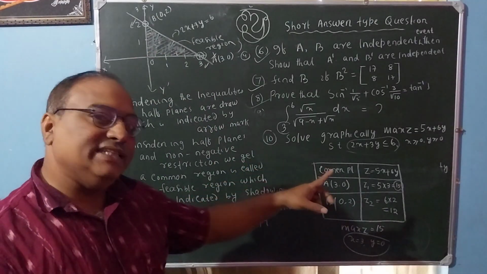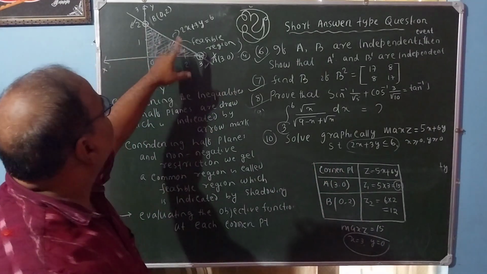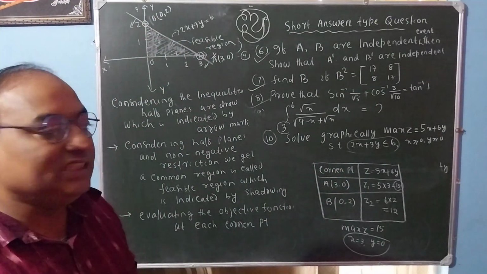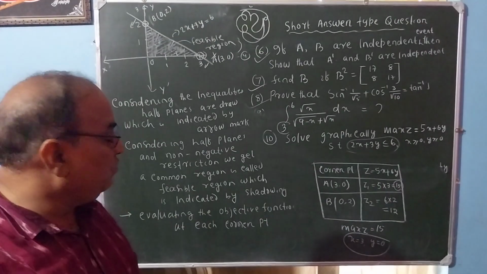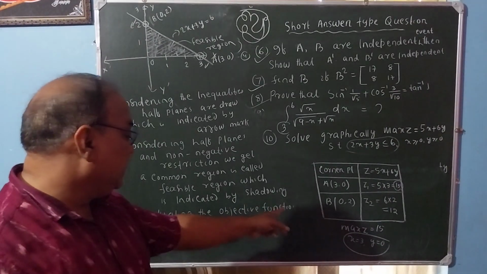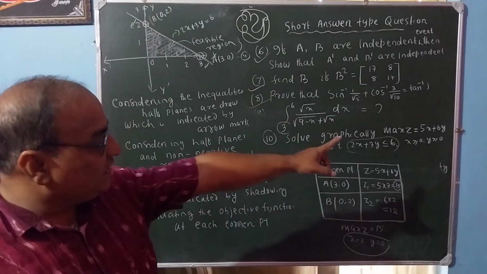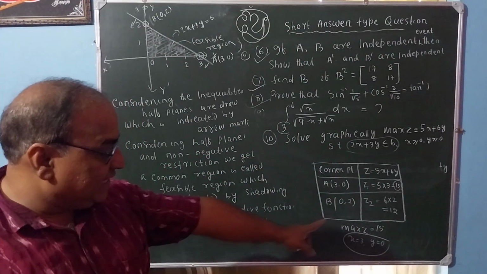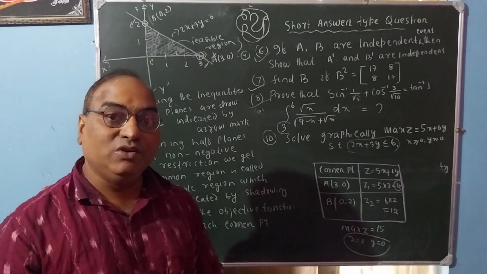Considering the inequalities and non-negative restrictions, we get a common region that is called a feasible region. Then find out the corner points of the feasible region, evaluating the objective function at each corner point. Then the question is asking maximum Z, max Z is equal to 15. For what value? x is equal to 3, y equal to 0.